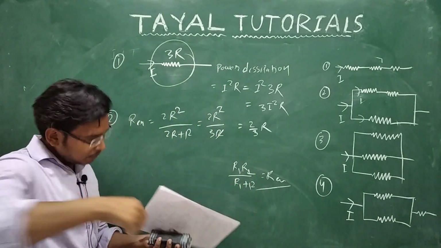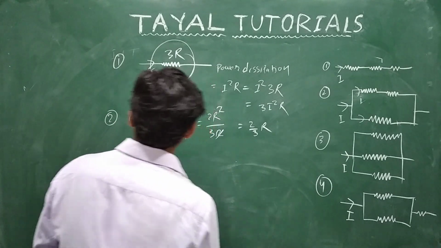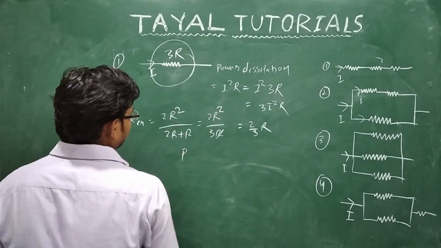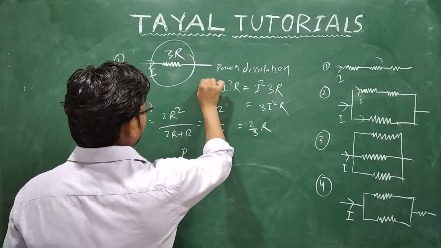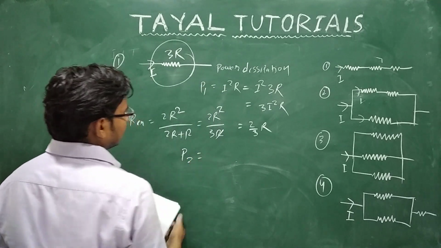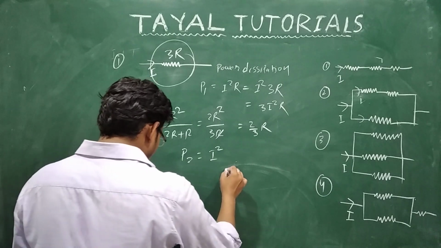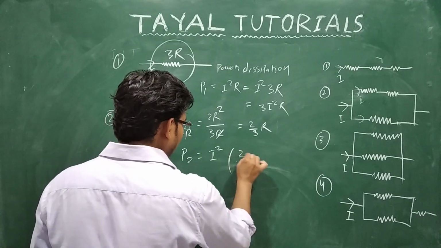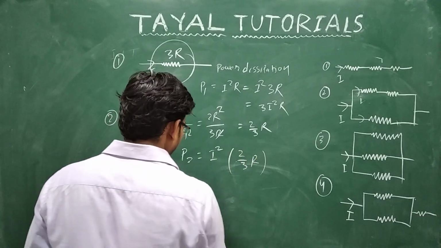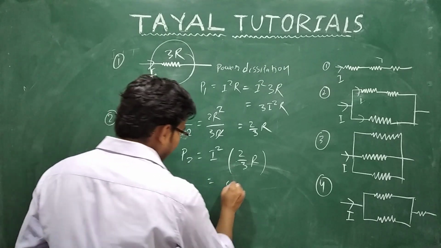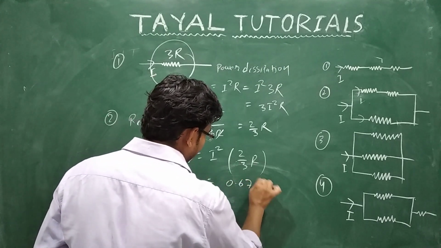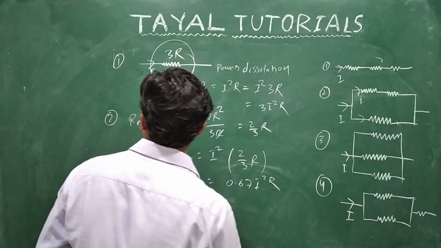Let's say we take this as P1 and this as P2. P2 is I square into R equivalent, and R equivalent is 2 by 3 into R, so that is 0.67 I square R. This is your second one.